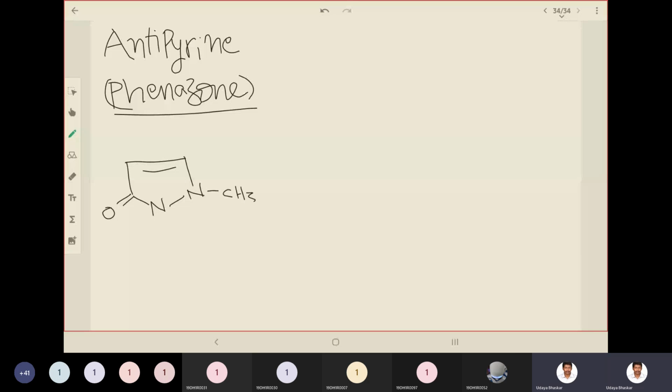Here you have a phenyl substituent attached to nitrogen. So this is the structure of antipyrine or phenazone.